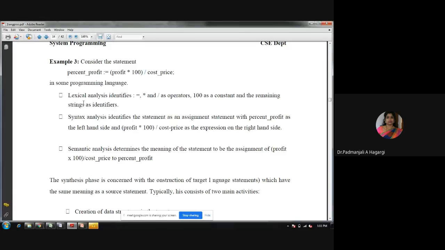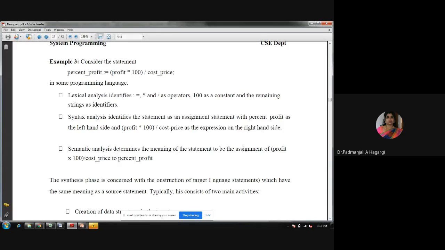These are identified by lexical analysis: equal to, comma, star, and the division sign are identified as operators. Syntax identifies the statement as an assignment statement with the percentage profit as the left-hand side and profit into 100 divided by cost price as the expression on the right-hand side.